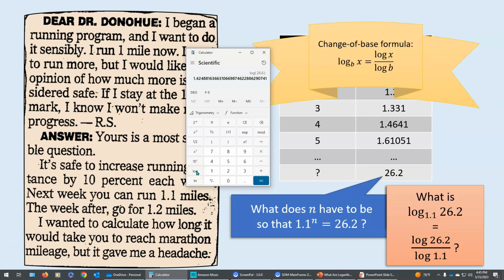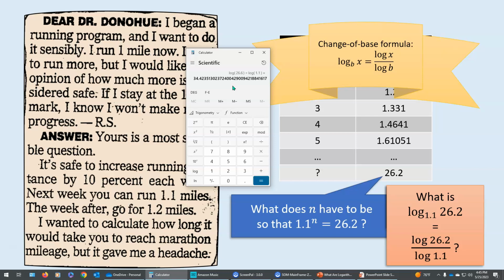So there's the log of 26.2 to the base 10. And then we want to divide that by the log of 1.1. And when I hit equals, there's my answer, 34.4235. So it's about 34.4 weeks.